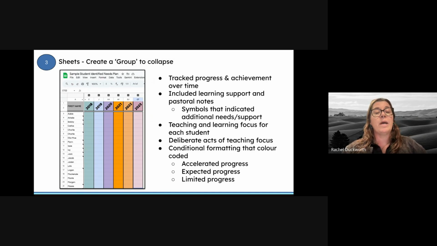But the thing I loved about this is that we had our year group cohorts along the bottom, and we actually tracked student progress and achievement over time. So from when these kids were first new entrants, we tracked their progress over time. And then as we developed this, we actually included some of their learning support and pastoral notes. So we had little symbols and drop downs for the additional needs and support that they received.